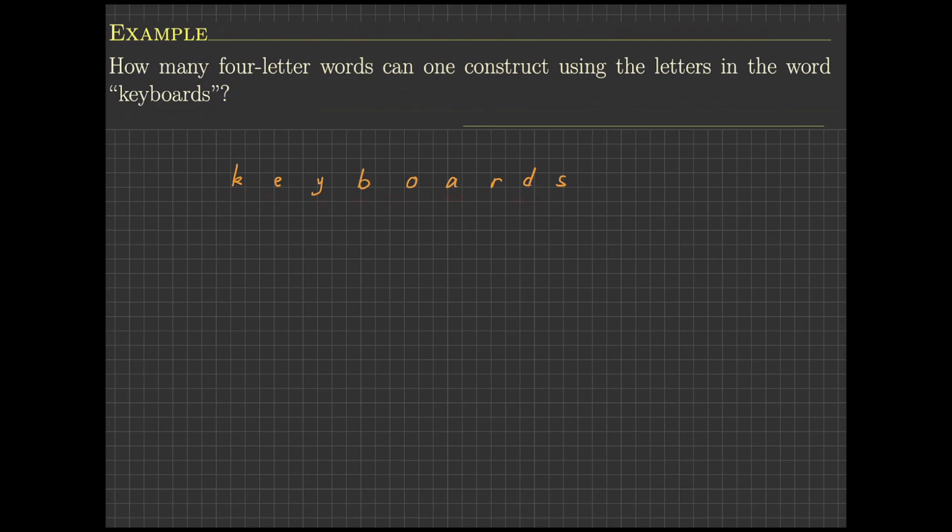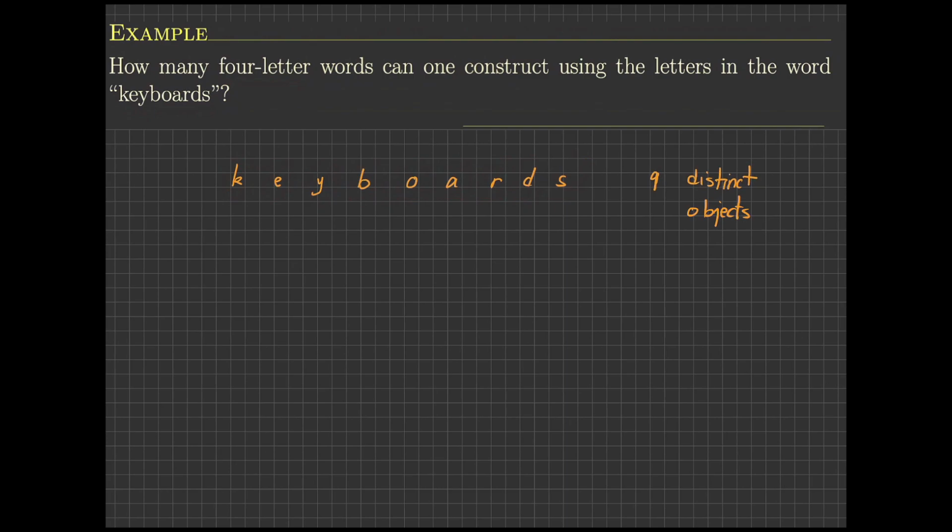How many of these objects do I have? 1, 2, 3, 4, 5, 6, 7, 8, 9. So I have 9 distinct objects, and I am interested in 4-letter words, so I don't need all of the 9 objects. I need only 4 of them at a time.